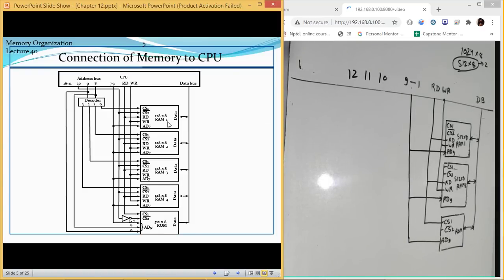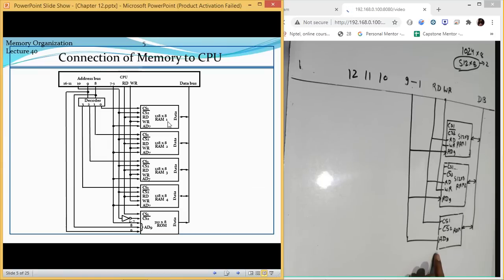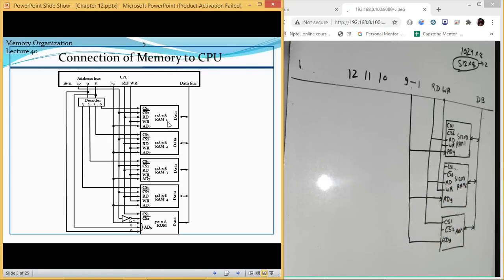Now the 10th line which we are going to use with this will help us to operate this ROM chip. But we will need one additional line which will be your 11th bit to decide between RAM and ROM, that is, which RAM chip will work or which ROM chip will work. Now let us discuss this.